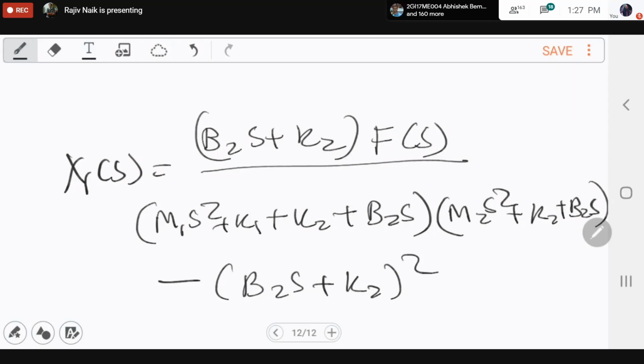Okay, this is the final. This is the numerator, this is the denominator. This is x1, that is our output. This is f of s, that is input.